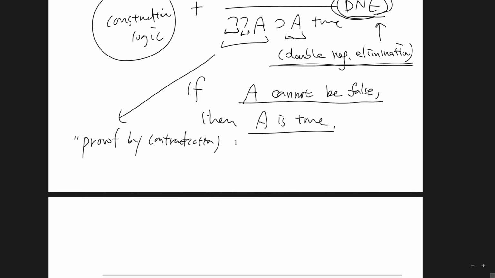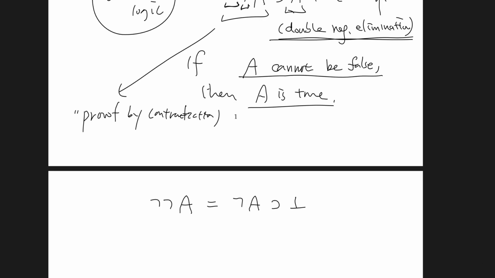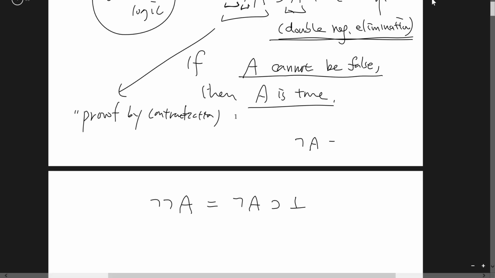It's easy to see because this double negation A can be expanded as negation A implies bottom, according to our notation definition. Recall that we defined negation A as A implies bottom. So by expanding the first negation, we have double negation A as negation A implies bottom.